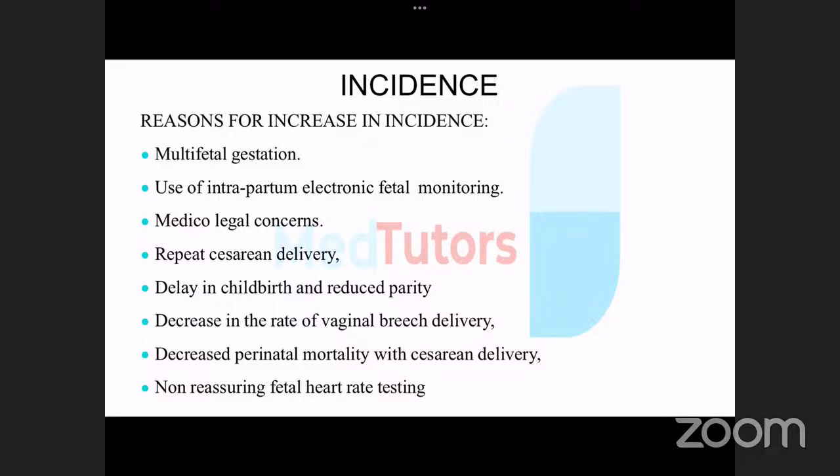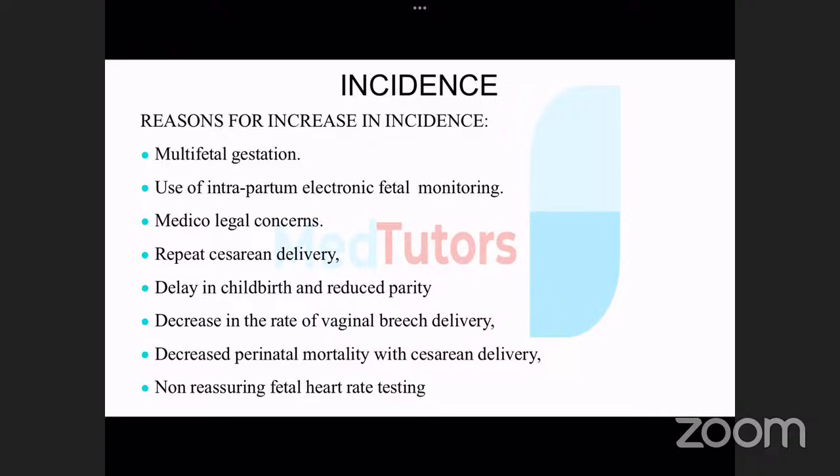Again, other iatrogenic factors, there is a decreased rate of vaginal breech delivery. This was also partly iatrogenic. There was a publication that came around 2000, the Hannah trial, which showed that cesarean delivery is associated with better fetal outcome for breech.